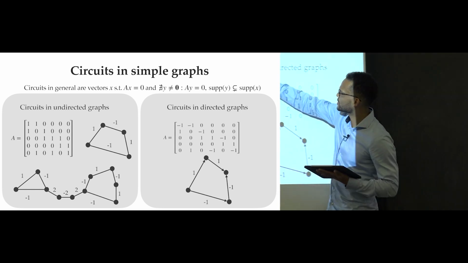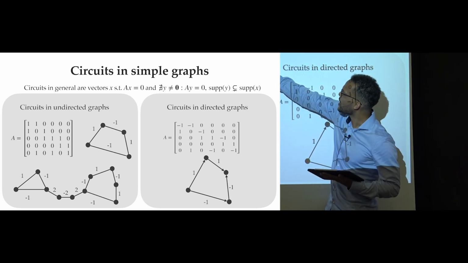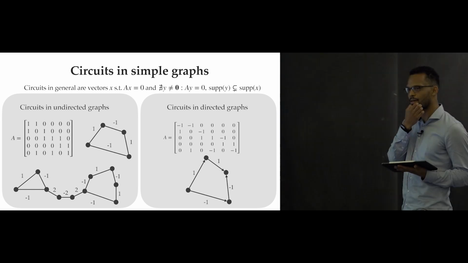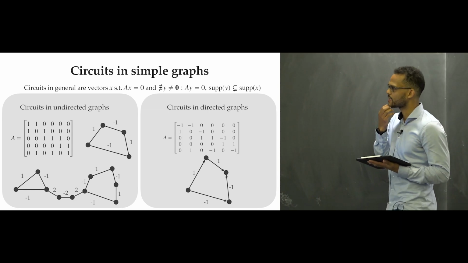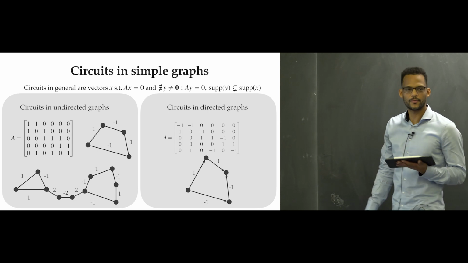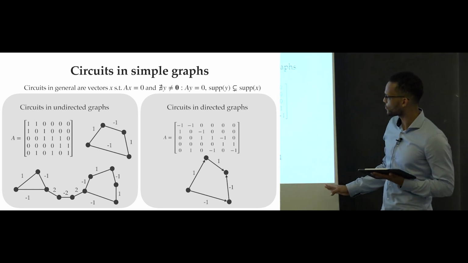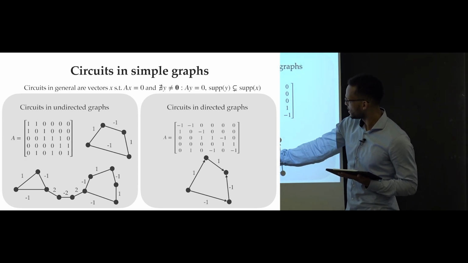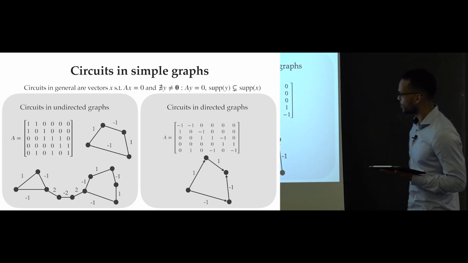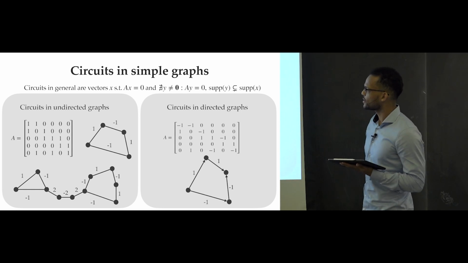Where do the circuits come from? If you look at a graph, then every row of this system of equations corresponds to a vertex. At every vertex, you sum over the inflow and outflow, and this should be 0. In particular, this is a support minimal structure given by a cycle, because here, in minus out is exactly 0, and this holds for all the vertices.